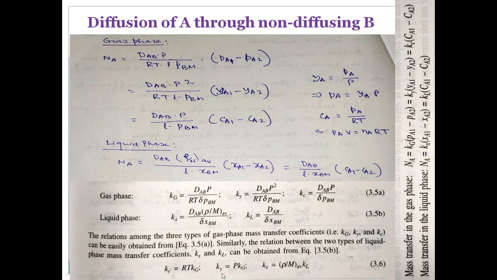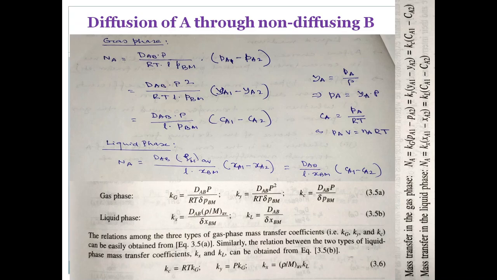So here you have to be a little bit smart to tackle these different types of mass transfer coefficients depending on the particular problem. You need to rearrange this. Sometimes you have to change your driving force, sometimes you need to change your mass transfer coefficients.